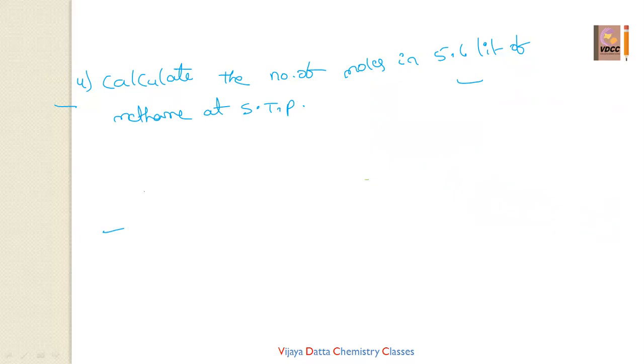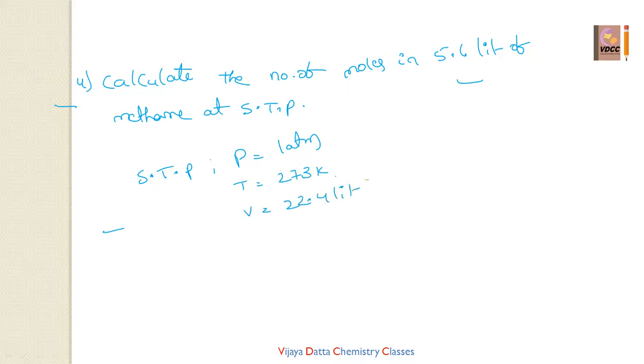5.6 liters of methane at STP, he asked. What is STP? STP is standard temperature and pressure. At STP conditions, pressure will be 1 atmosphere and temperature will be 273 Kelvin or 0 degrees Celsius. Volume will be 22.4 liters.